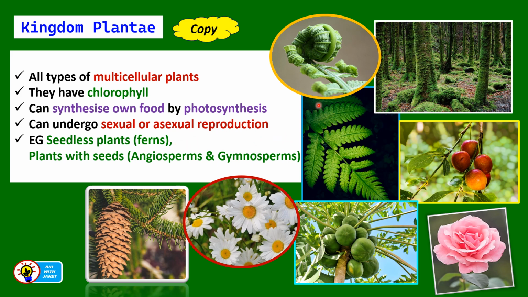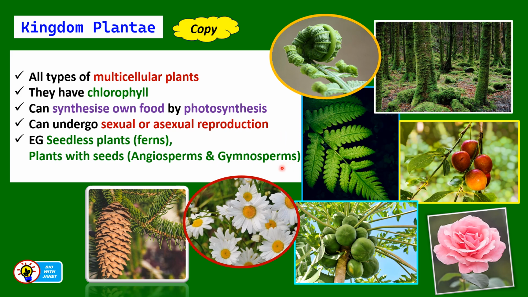Examples are the seedless plants like the ferns here. These are the ferns, pakupakis in Malay, and also the mosses. Mosses are tiny plants that grow in the moist regions and also on tree trunks, rocks, and soil. So these are all seedless plants.